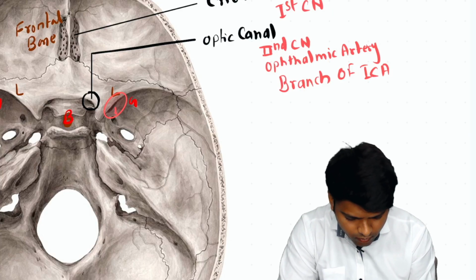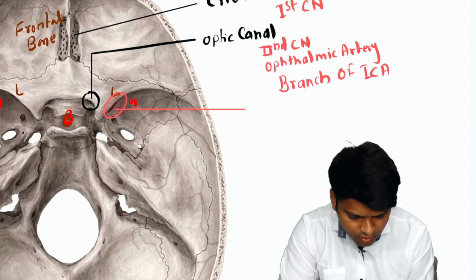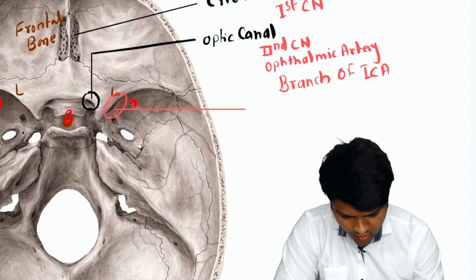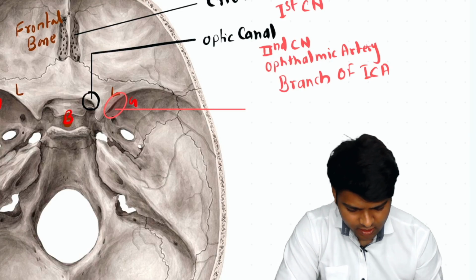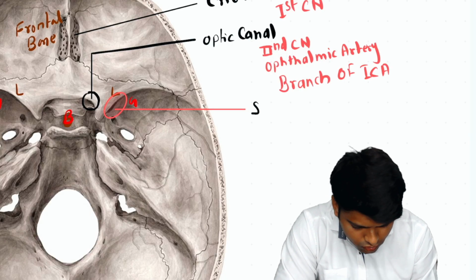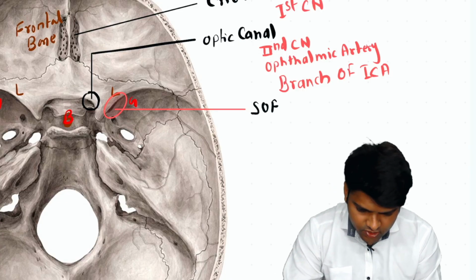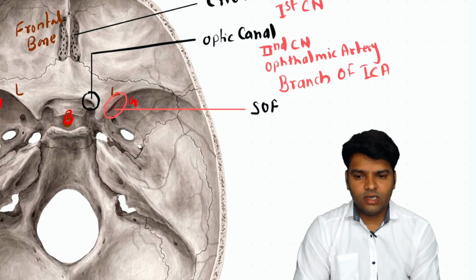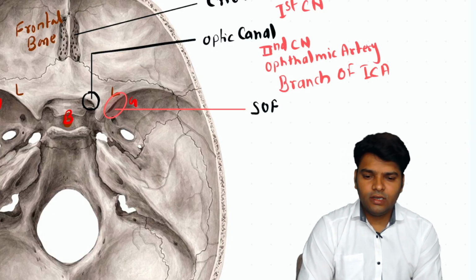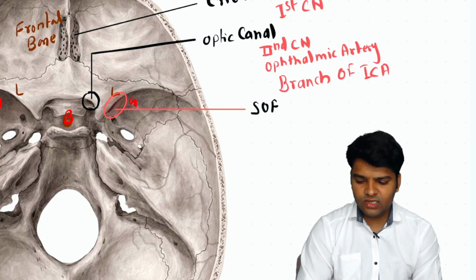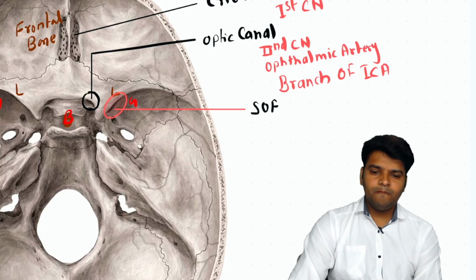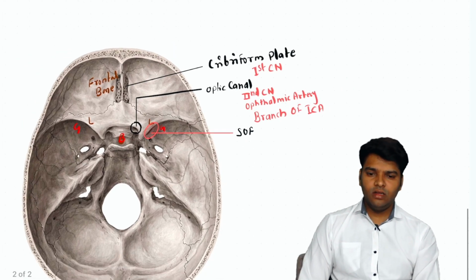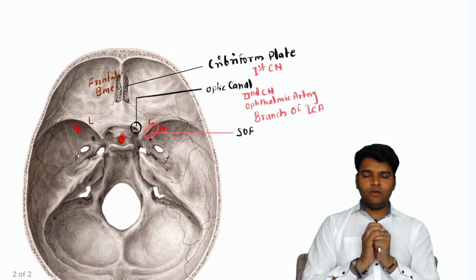Superior orbital fissure. I will write here in black color, superior orbital fissure. Now I want to tell you what are the structures passing through the superior orbital fissure. But before that, I want to tell you one thing to make the proper concept.